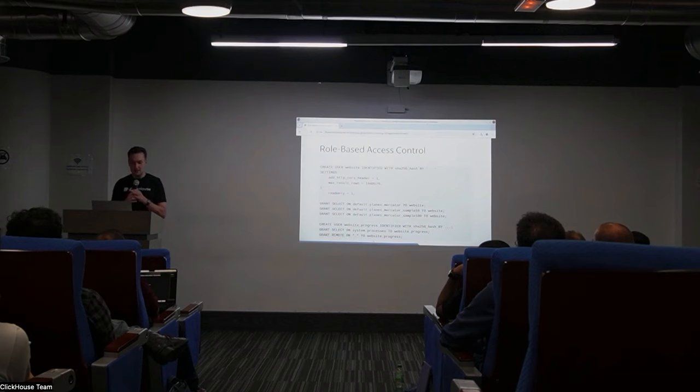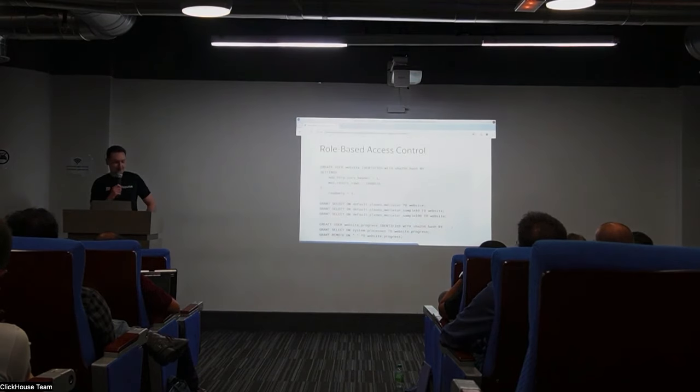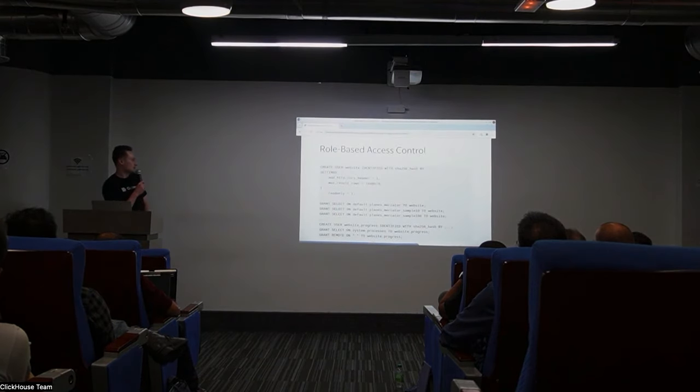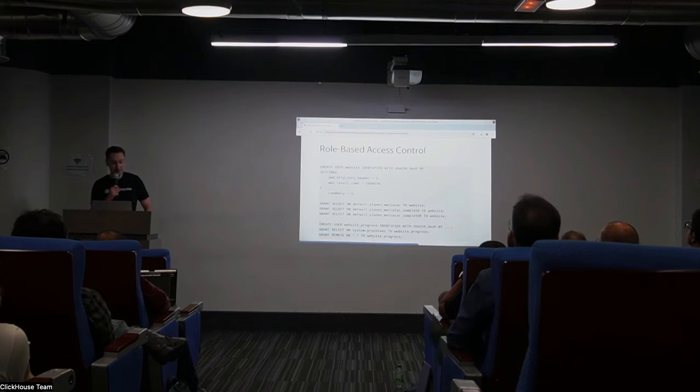Okay, another nice feature: role-based access control. It is pretty easy. You can create users, you can specify query complexity restrictions, and you can specify quotas, like how many queries a user can do during 15 minutes or any other interval.